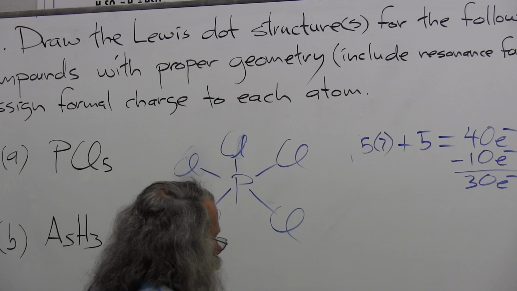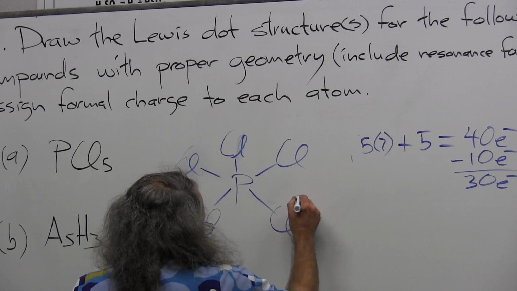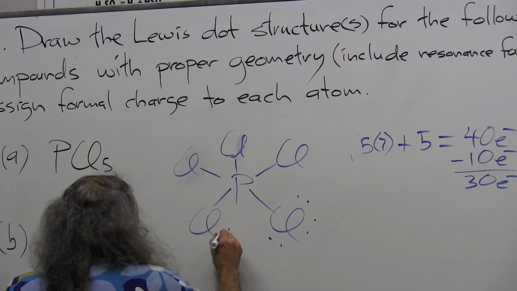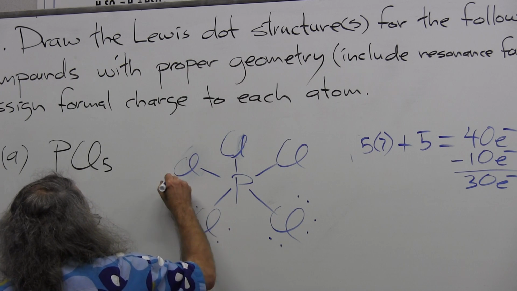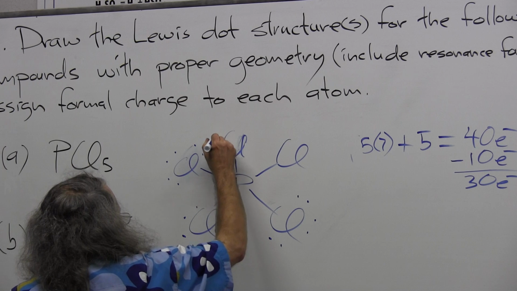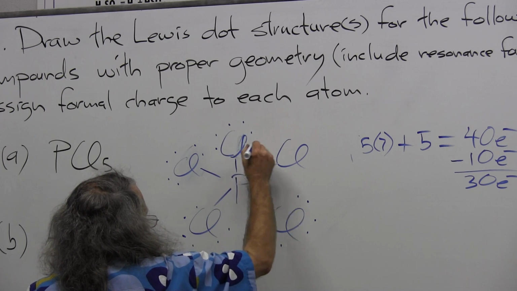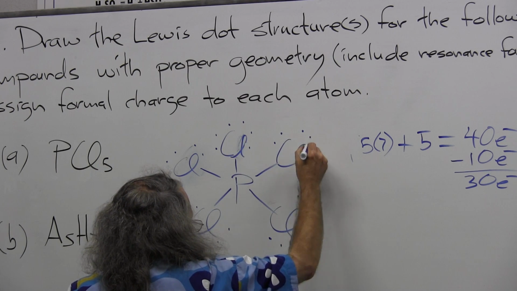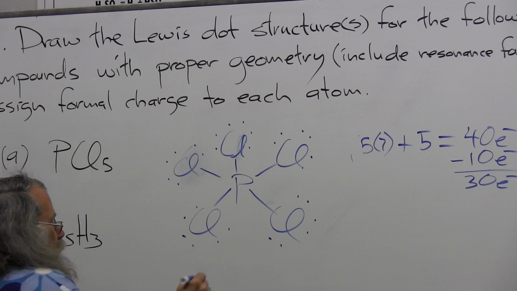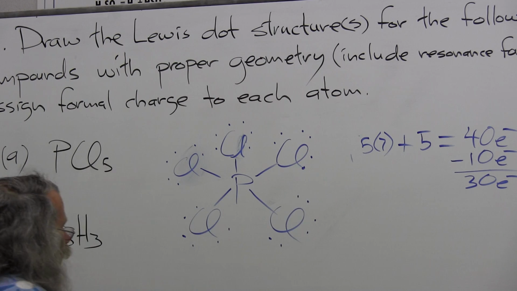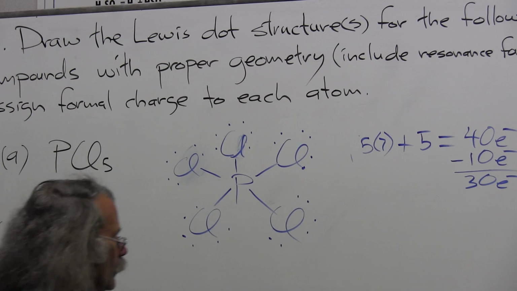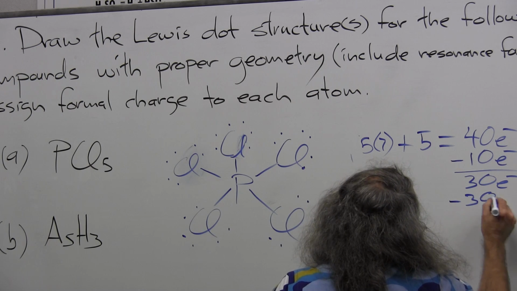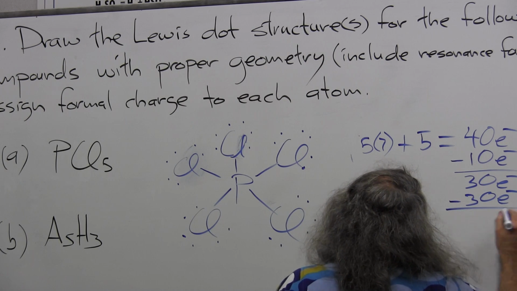So I draw the 30 little freckles there, minus 30 electrons, and we're done.